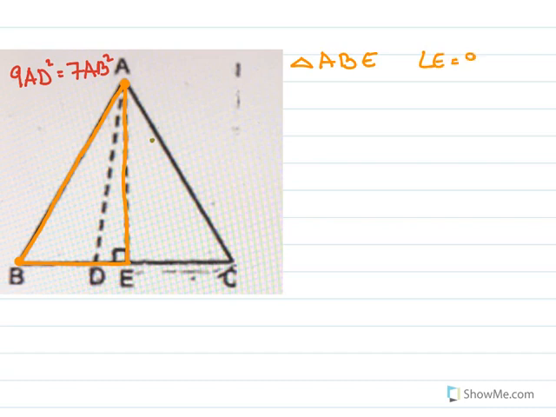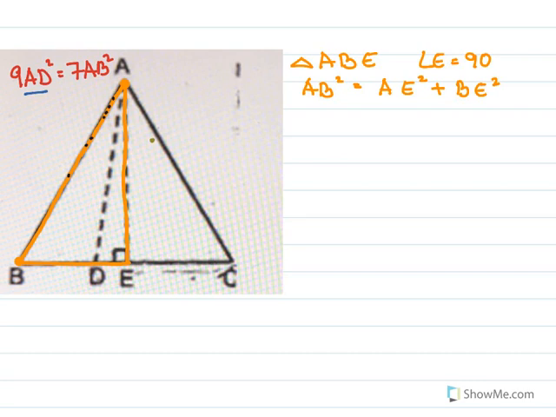Always mark your 90 degrees before you use Pythagoras. Here AB is the hypotenuse. So I'm going to write AB square equal to AE square plus BE square.